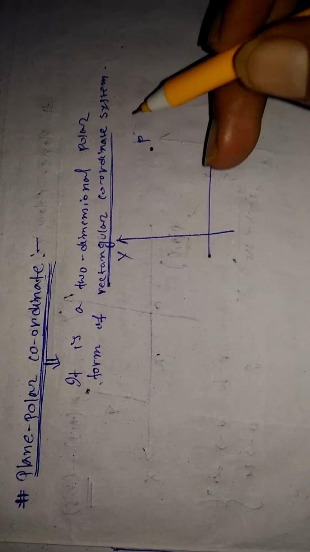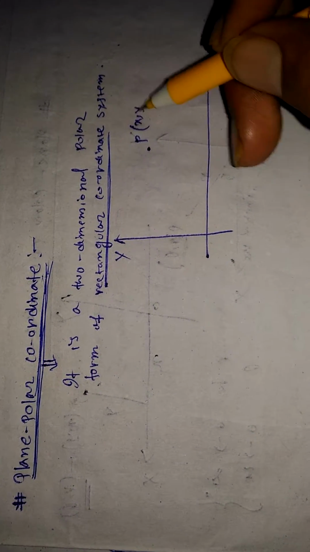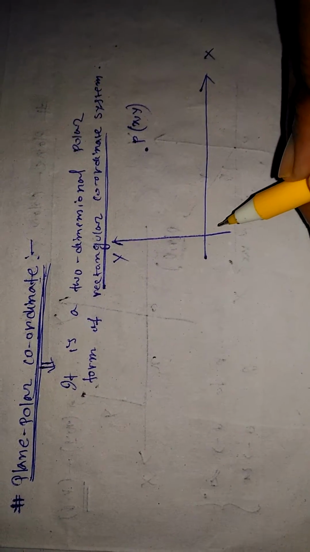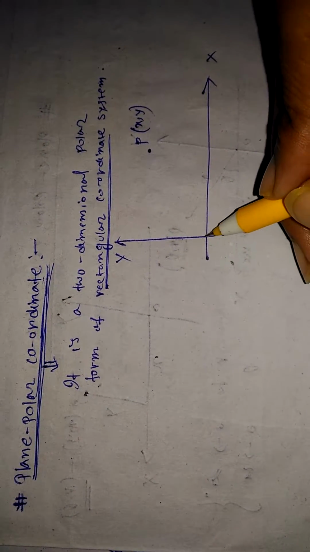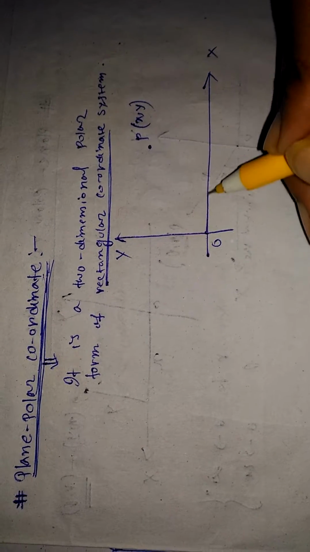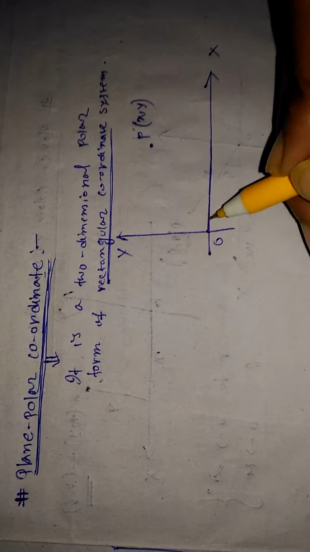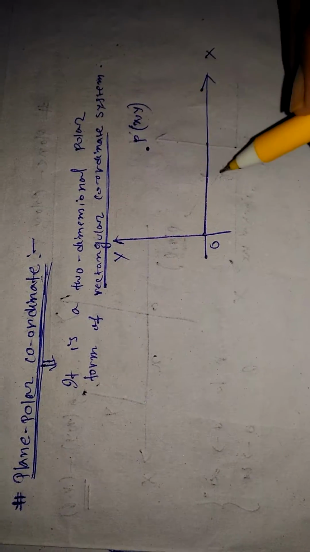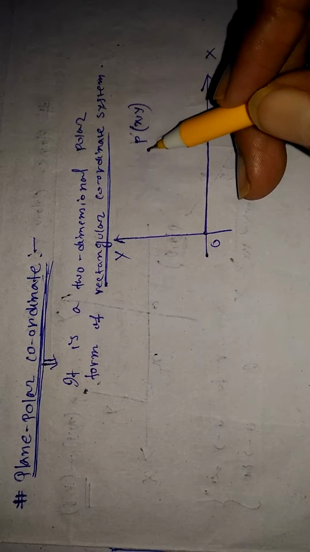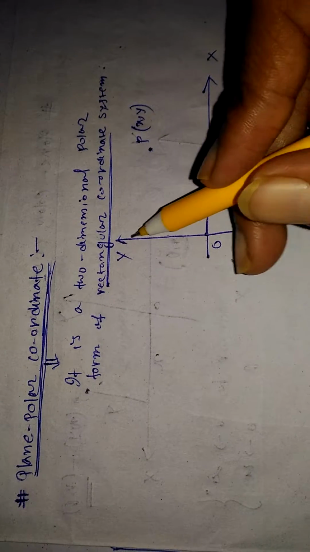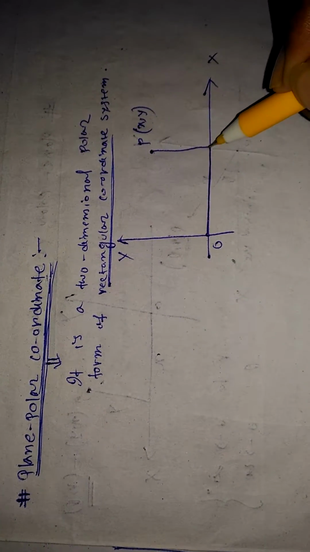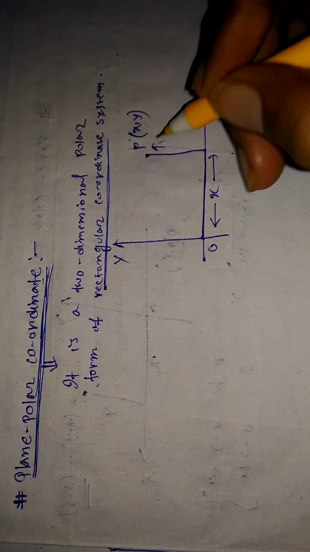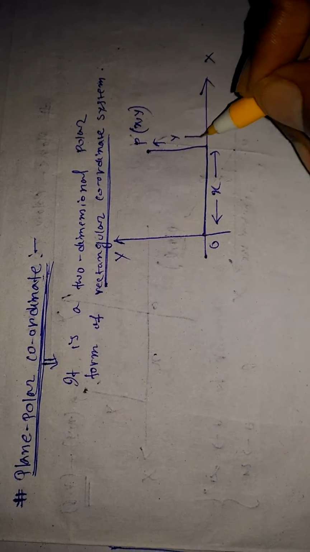So this point P is denoted as (x, y), where x means the distance from the origin along the x-axis to the point P, and y means the distance from the x-axis to the point P parallel to the y-axis. So this distance is x and this distance is y.